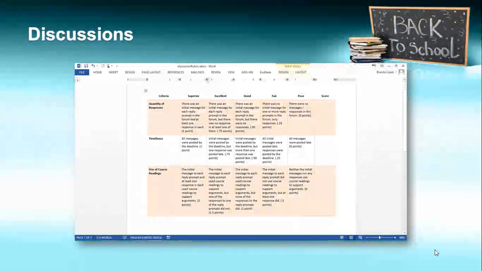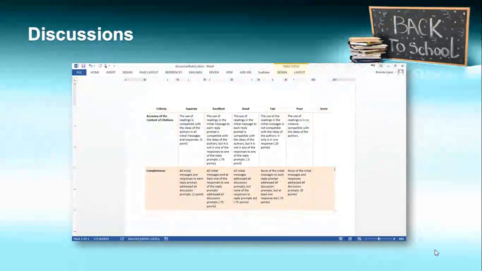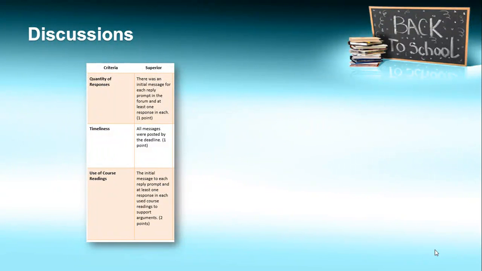This is the rubric that I will be using to grade each week's discussion. Basically, what I'm looking at is that you post a minimum number of responses in each forum. So one initial message for each reply prompt, and you'll see what a reply prompt is, and then one response in each reply prompt to another student.